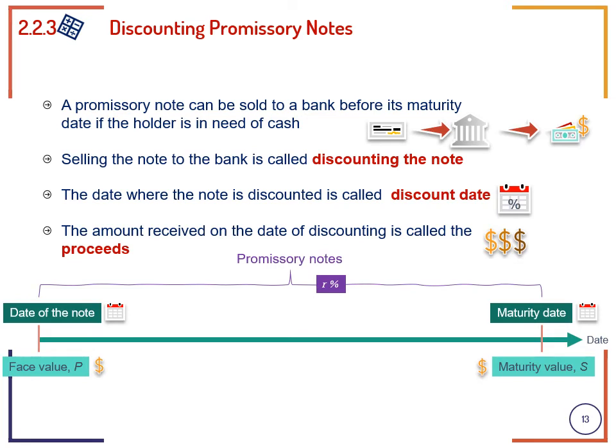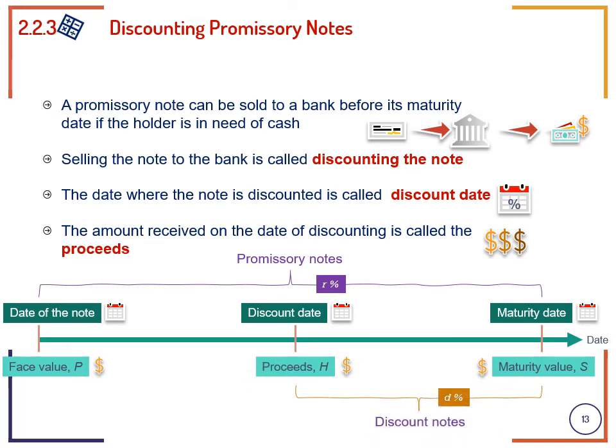In the promissory note, the borrower will receive the amount of the loan at the beginning of the loan. The borrower pays back the entire amount plus interest at the end of the loan. When the promissory note is discounted at the discount date, the borrower will receive proceeds.